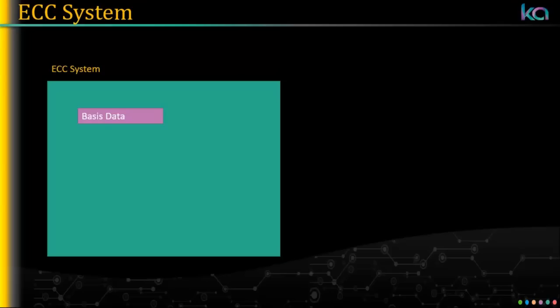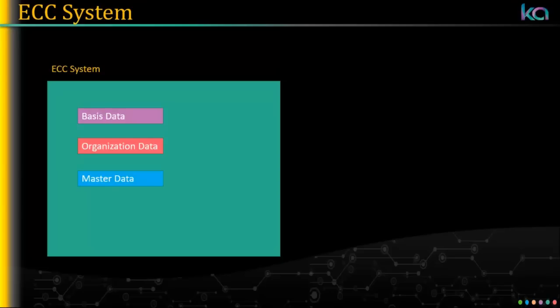So the ECC system will have the basis data, which is meant for the system, supporting user details, authorizations, profiling, RAM, work process, etc. And organization data is set up by a functional team to set up the company codes, sales areas, plants related to org structure.